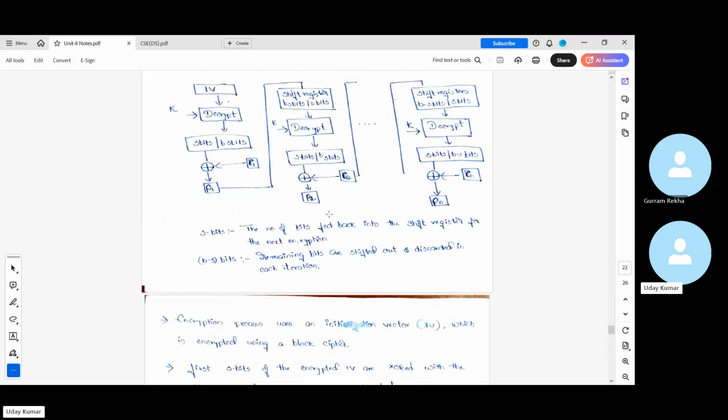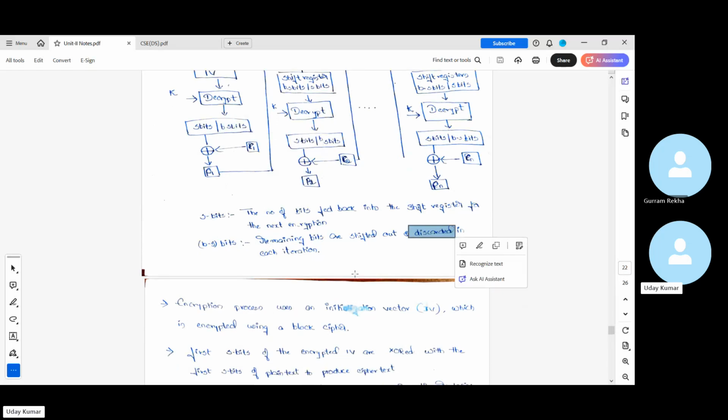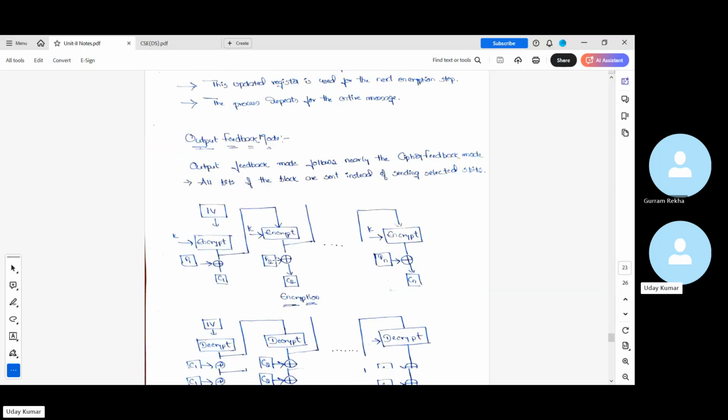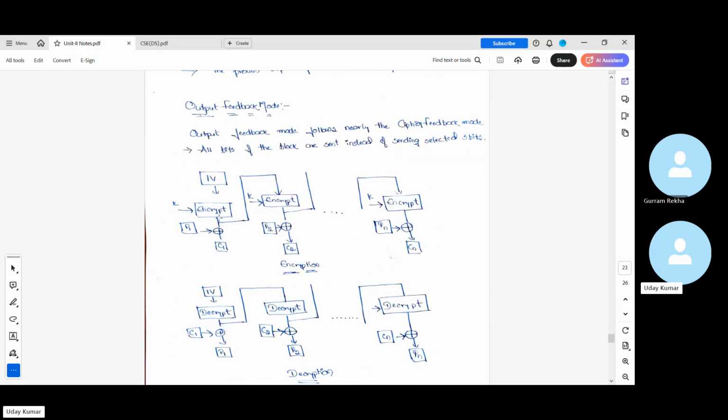Since the B-S bits are discarded in cipher feedback mode, there is a chance of data loss. So in output feedback mode, you get the output bits and instead of dividing them into S bits and B-S bits, you just don't divide. You give that to XOR with P1, and you're going to get the ciphertext.